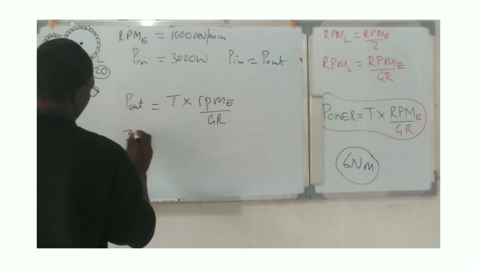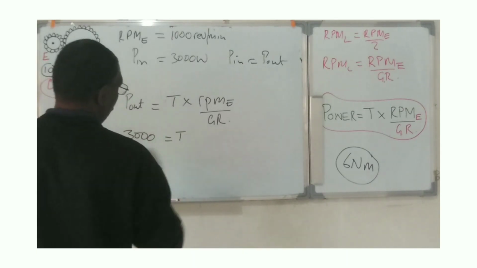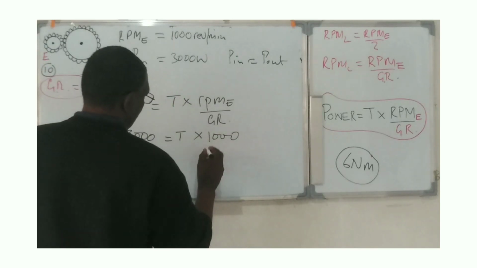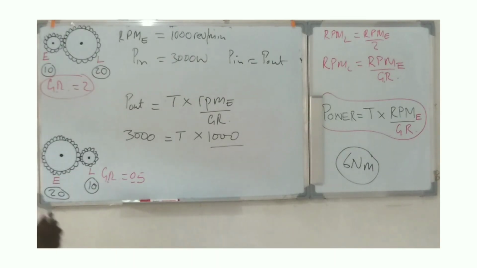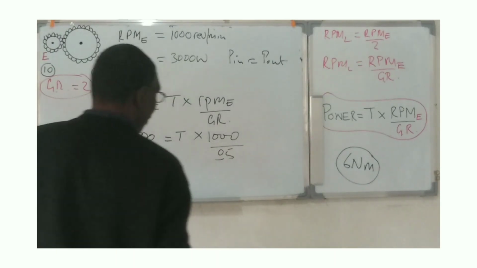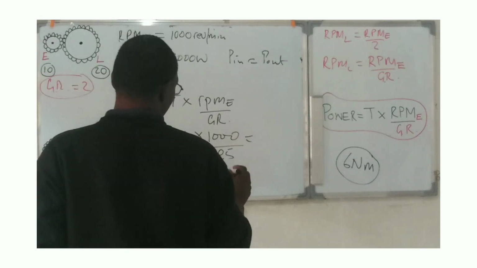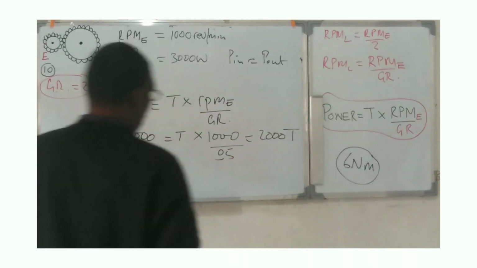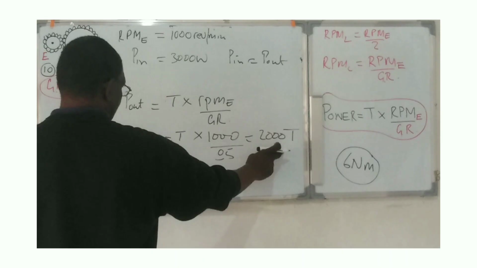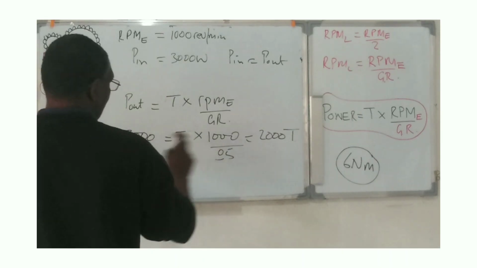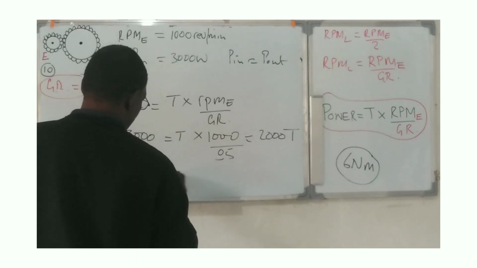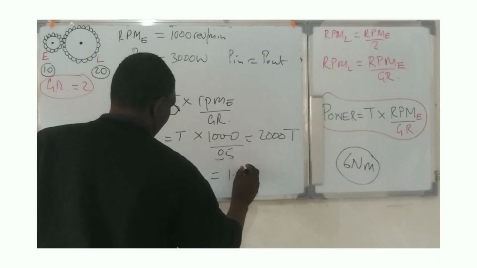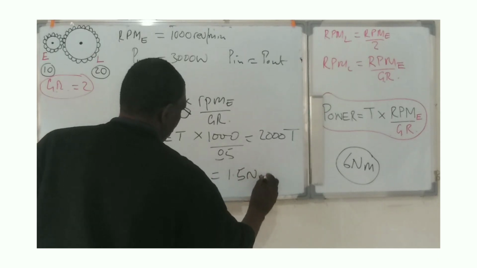Here we have 3000 is equal to T, we don't know, multiplied by, this one is still doing 1000, divided by, what is our gear ratio? Our gear ratio is 0.5, and that gives us 1000 divided by 0.5 is equal to 2000 T. So 2000 T, what is T? T is equal to 3000 divided by 2000, which is equal to 1.5 Newton meters.